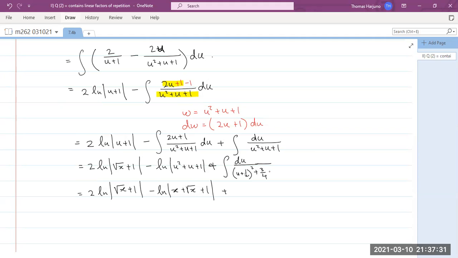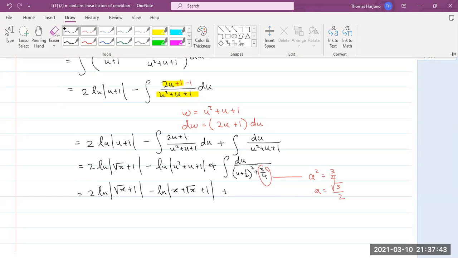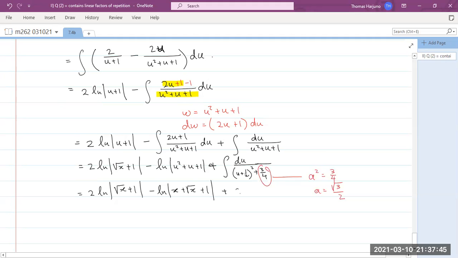If this is my a squared, then my a will be square root of 3 over 2. I will do the reciprocal. That's 2 over square root of 3. Tangent inverse u plus 1/2 over radical 3 over 2 plus constant.